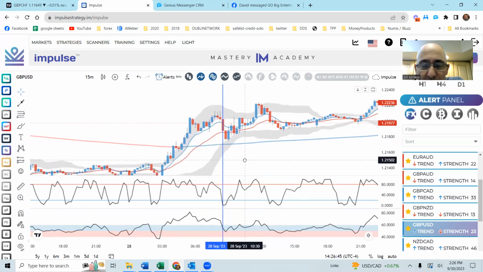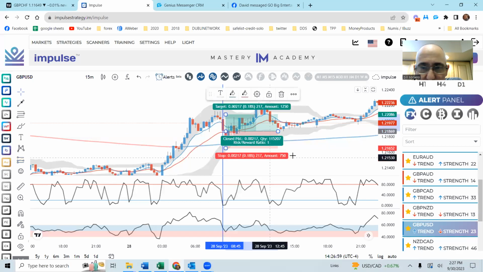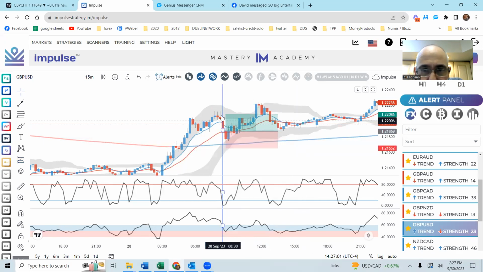Okay, right here. So again, this is the candle that we're using to take the trade. And we're going to enter at the close of that candle or at the open of the next candle. Let's say we get in at the open of the next candle. We're going to take our long position right there. And now we're going to have to use this white area here to calculate our volatility, right?